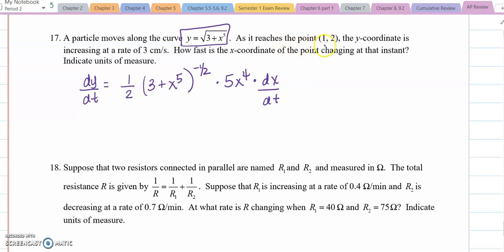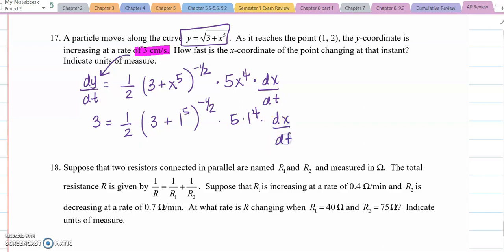As it reaches the point (1, 2), the y-coordinate is increasing at a rate of 3 centimeters per second. So this is the exact same thing as dy/dt, and it's positive because it says that the y-coordinate is increasing. So 3 equals 1/2 times (3 plus 1 to the 5) to the negative 1/2 times 5 times 1 to the 4 times dx/dt.